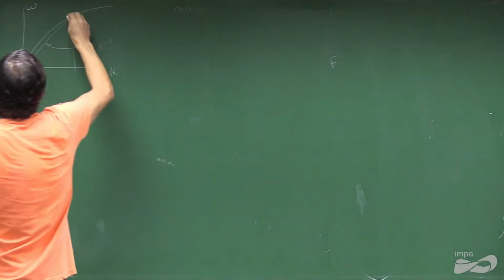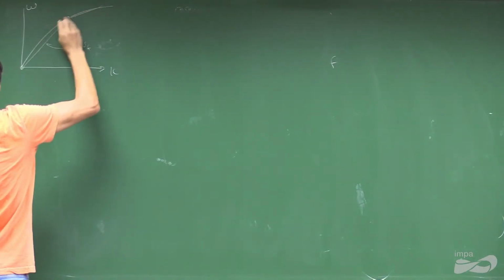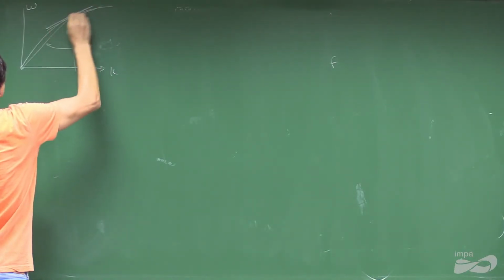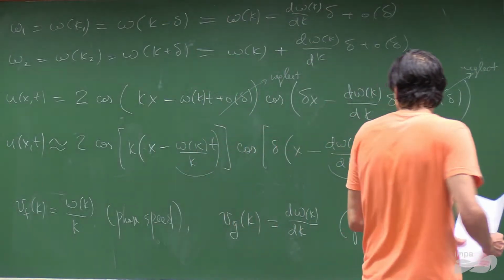But the group speed will correspond to the derivative, to the tangent. So this gives you the group speed. That's the difference. So either the prefactor of the line connecting to 0, or the prefactor of the line which is tangent to the dispersion relation. So now why is it phase speed? Why is the other a group speed?